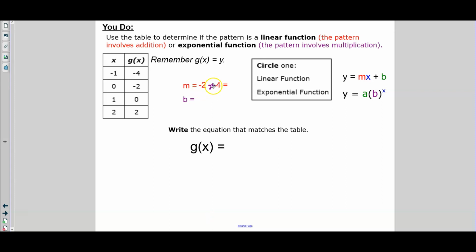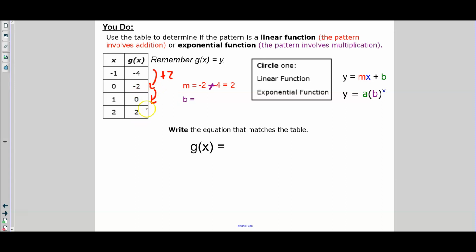So here is -2 plus 4, or you could say 4 minus 2. Either way, it's still the same answer. We're going to get 2 here. Okay, let's check and see if 2 works. If I were to add 2 to the -4, that's -2. So that does work there.